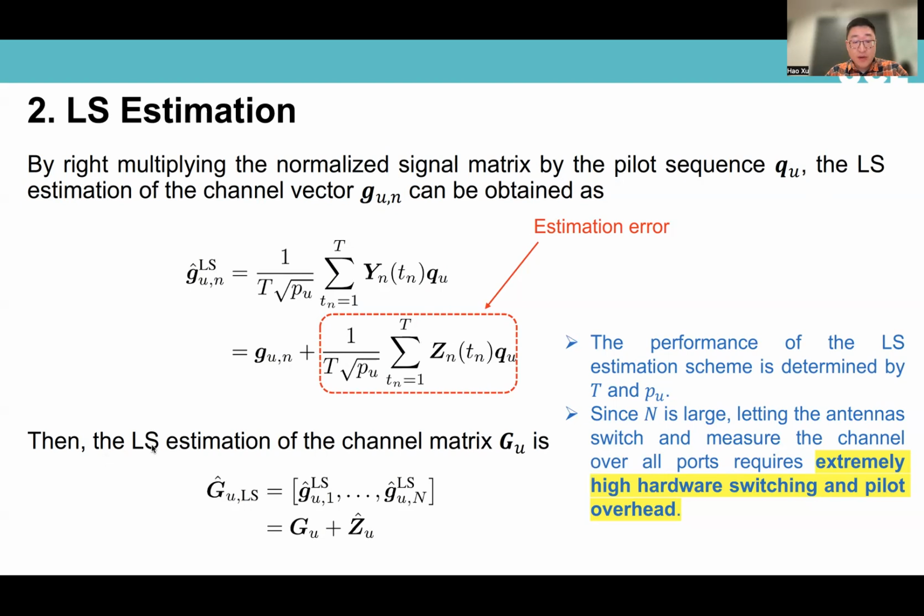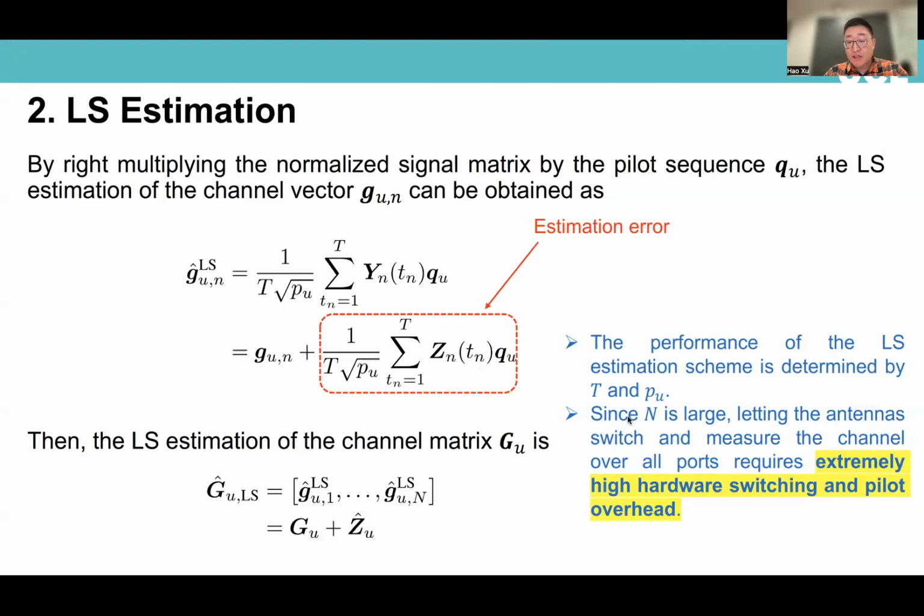Then the least square estimation of the channel matrix G_U is given in this form. From the first formula, we see that the performance of the least square estimation scheme is mainly determined by T, which is the number of times a pilot sequence is transmitted, and the second one is the transmit power.